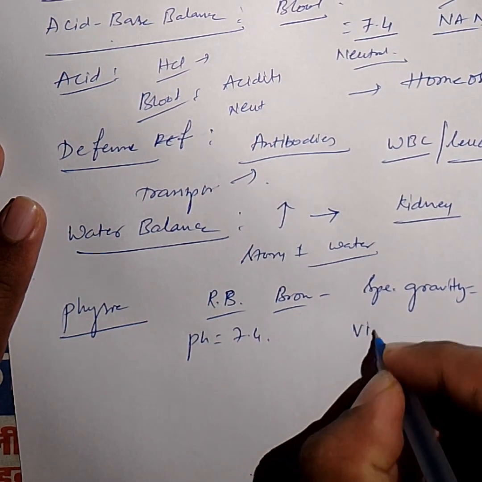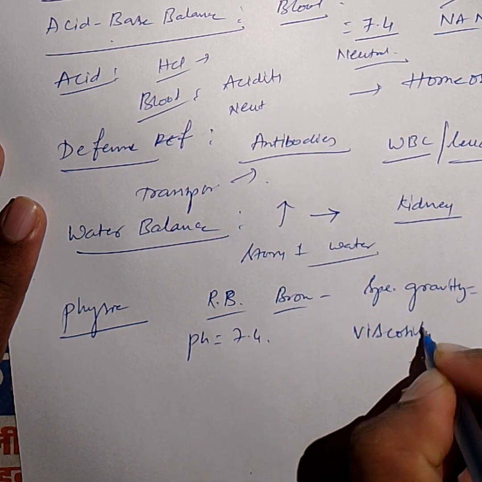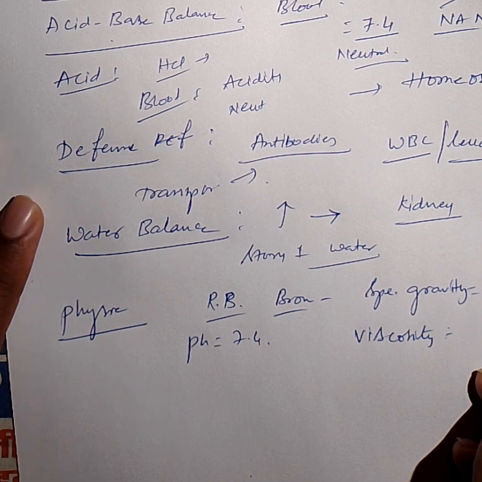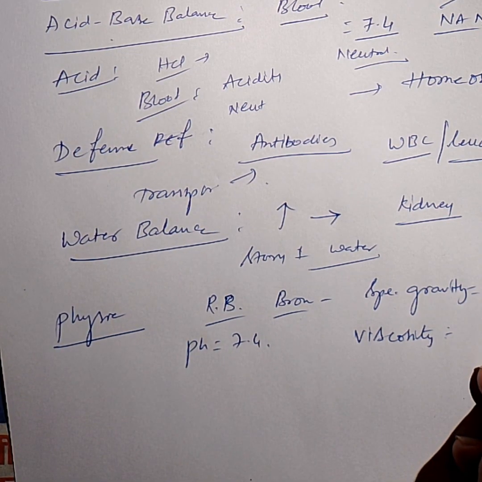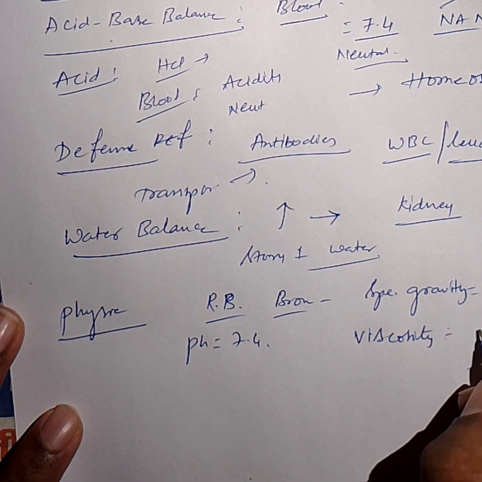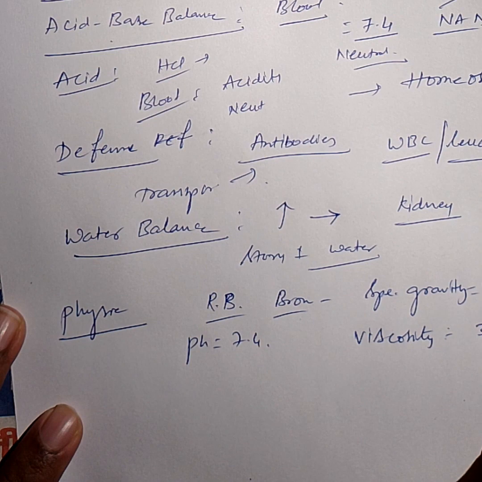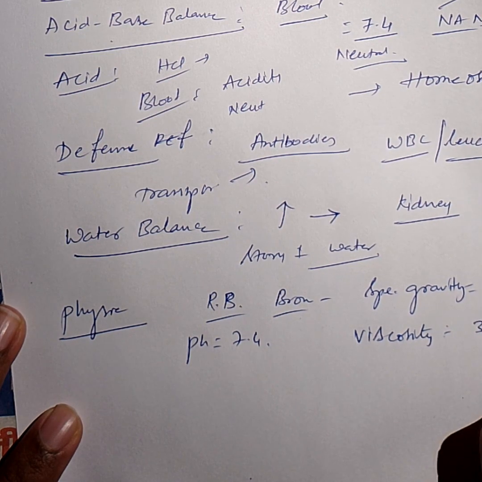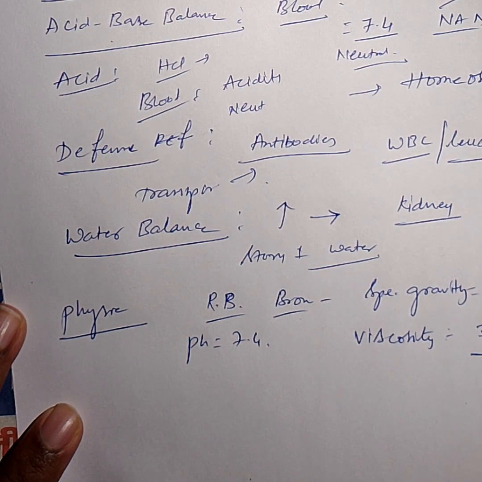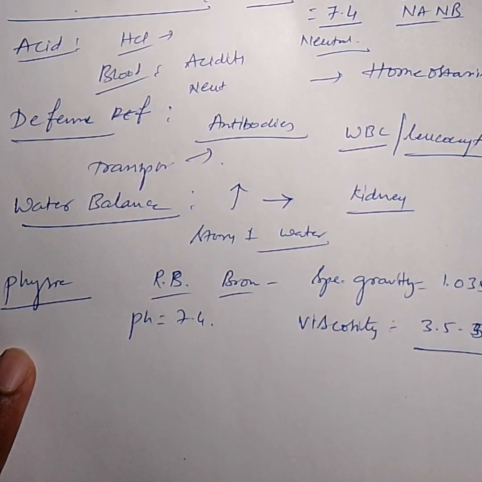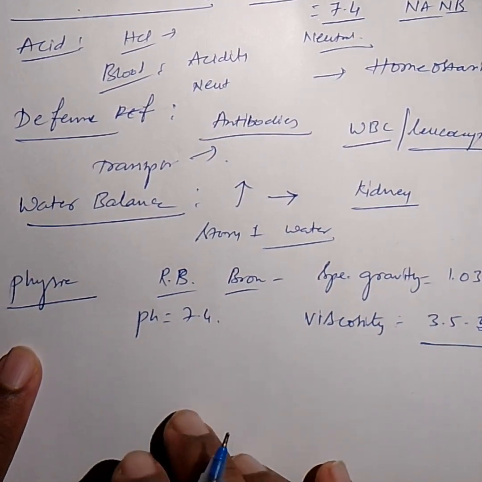The viscosity is nothing but the liquidity, and the presence of blood cells determines the viscosity. The viscosity is 3.5 to 5.5, which is the normal value, nearly 3 to 4 times that of water.